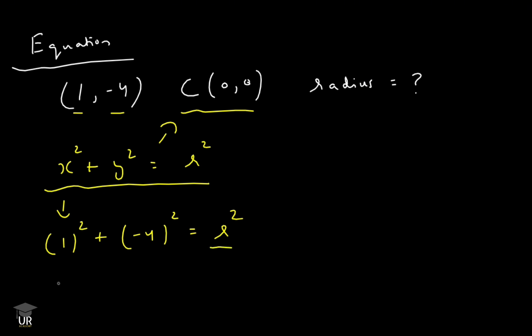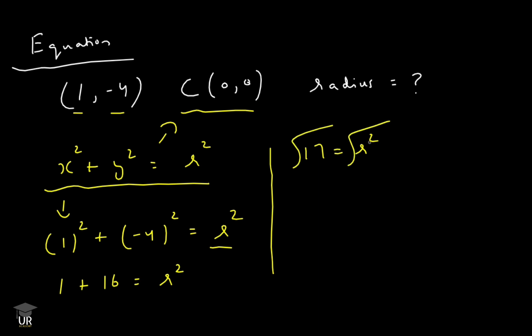So this will become 1 plus the square of minus 4 is 16 is equal to r square. Okay, so this will become 17 is equal to r square, and we will under root both the sides. So the answer will just become r is equal to under root 17.